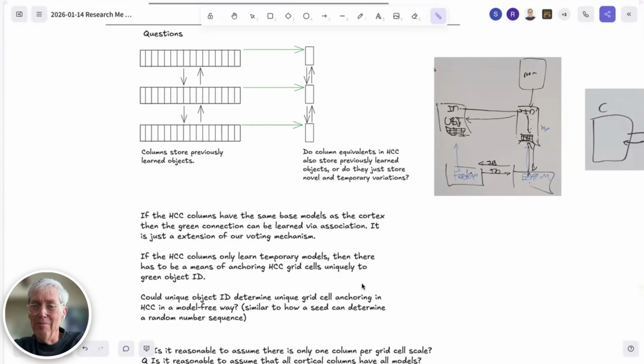The multiple tables problem. I think the example that Dale sent in the chat is a pretty interesting one to think through as well, which is the gym lockers, where you have a bunch of lockers that look exactly the same. Depending on where the locker is on the wall, there will be different things in them because different people own them. It seems like we can learn different instances of lockers very quickly.